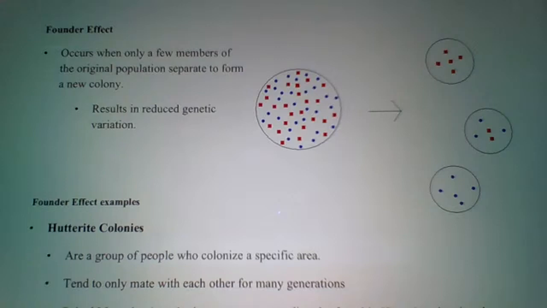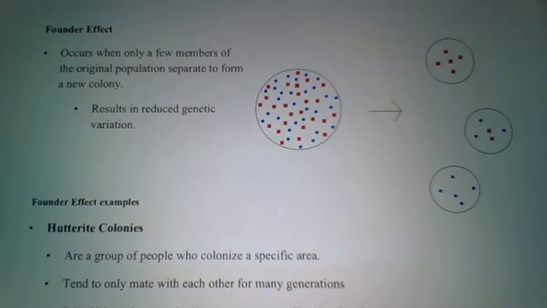That might have been randomly groups of random finches, all the same type, with similar genetics, but not the same frequency of genetics that the large population has. So notice that this group up here has only red squares, and this group here has 2 red squares and 3 blue squares, and this population here is all blue.